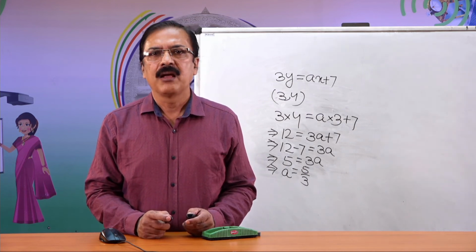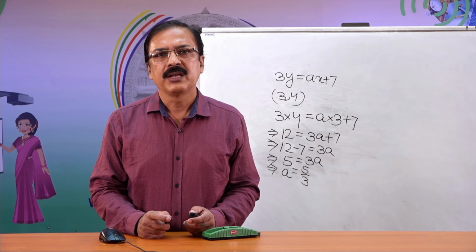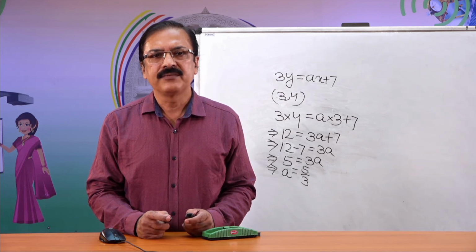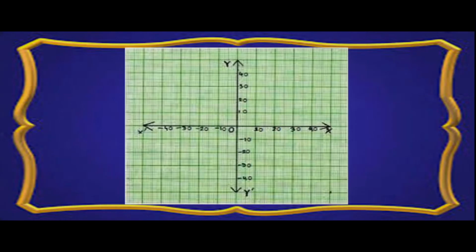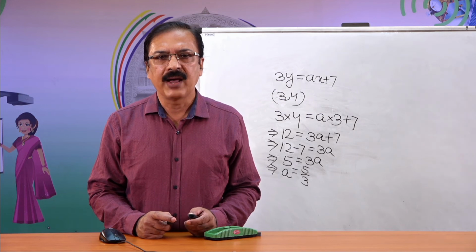Let's plot the equation on a graph. Here is the graph, and here the scale is taken like this: 1 centimeter is 10 units, it may be Celsius or Fahrenheit.